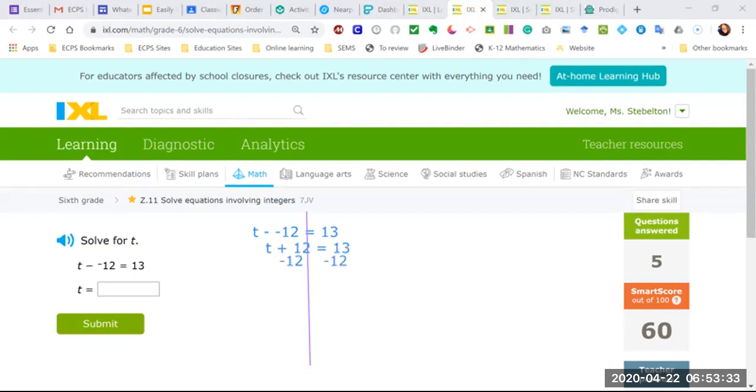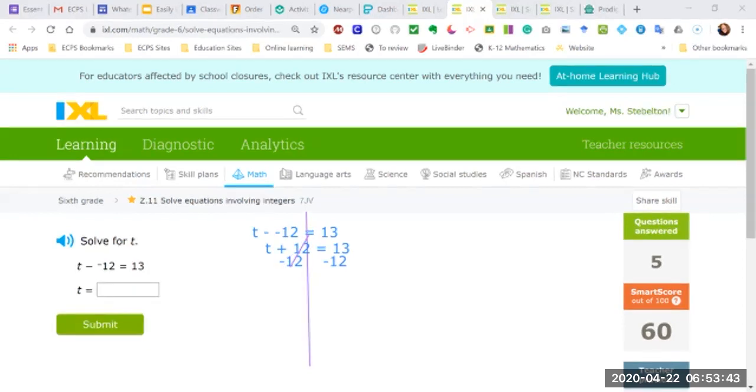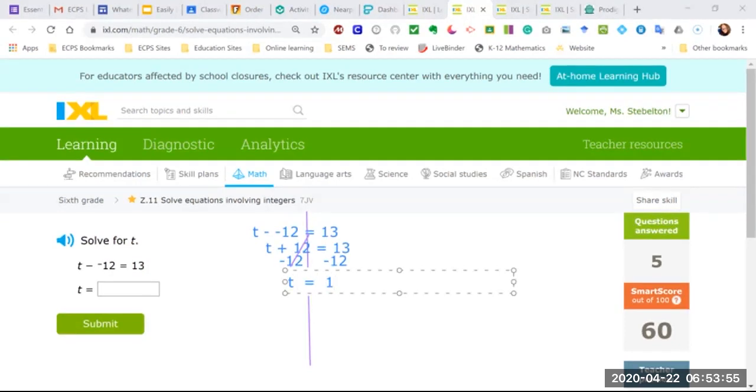So this is 12 minus 12, that is 0, so that cancels that out. That leaves us with t on that one side equals, and then 13 minus 12 is 1. And that would be my final answer.